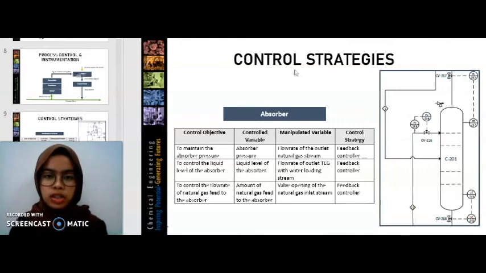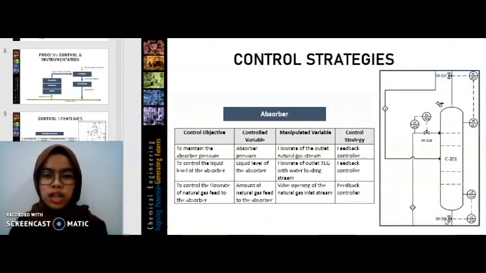The pressure in the absorber will be controlled by a control valve at the outlet of the gas stream. The control valve will be varied and manipulated to control the pressure in the absorber. And then the liquid level is also controlled in the absorber to ensure the efficiency of the absorption process and also to prevent overflow.